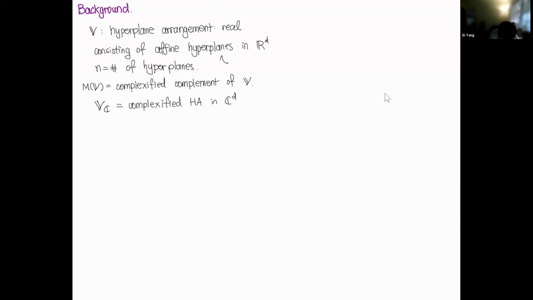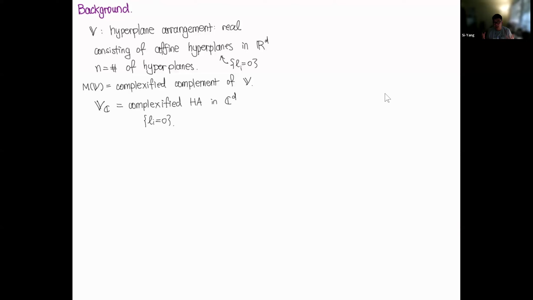Every affine hyperplane is given by an equation L_i equals 0, where L_i is a linear function defined on R^D. If we look at the hyperplanes, we use the same equation but now inside C^D.